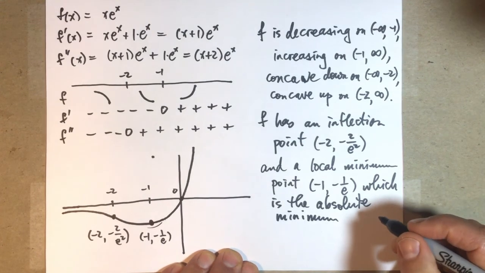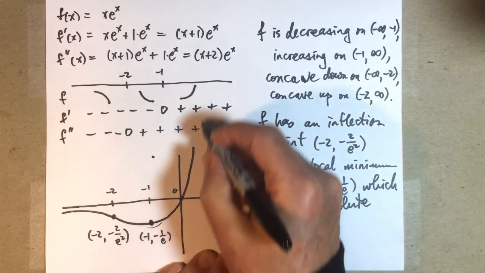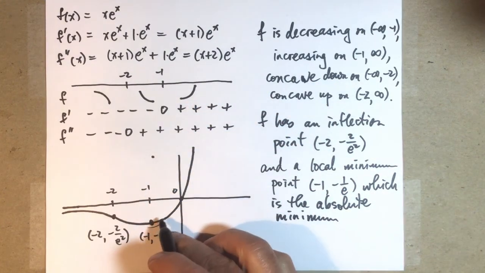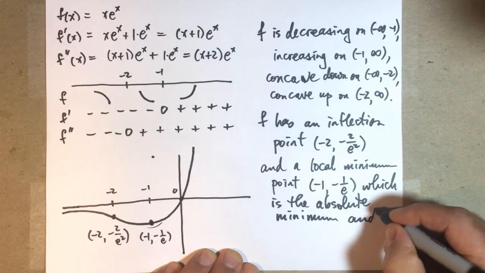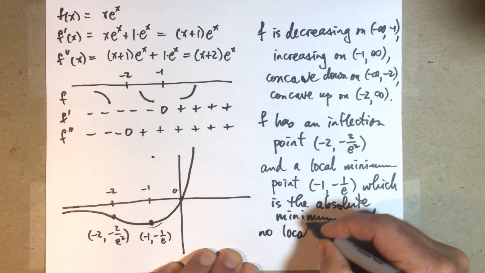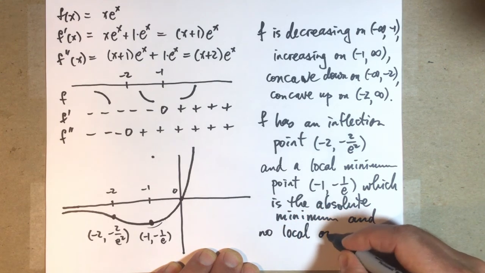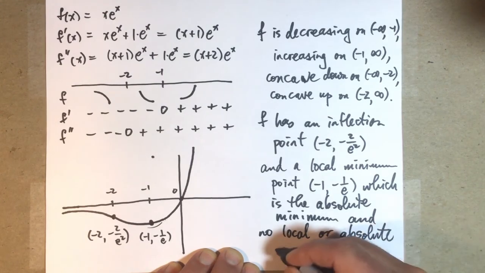And there's no absolute maximum, because look here, the curve goes up with a limit of plus infinity as x goes to infinity. No, there's not even any local maximum. No local or absolute maximum.